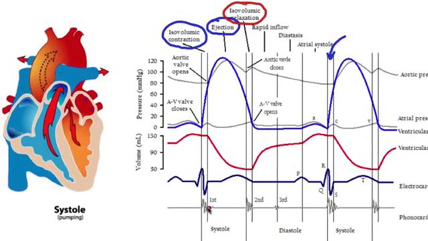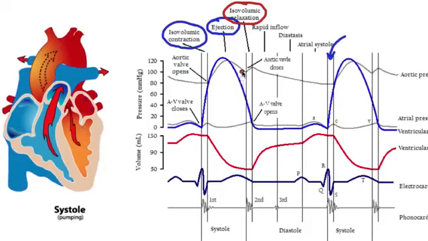And what that refers to is the closing of these valves. So at this point, after the QRS complex, where the ventricles depolarize and the ventricles start to contract, that's going to cause an increase in force, closing the valve, closing this atrioventricular valve. And when that valve shuts, you're going to hear that first sound, the lub sound.